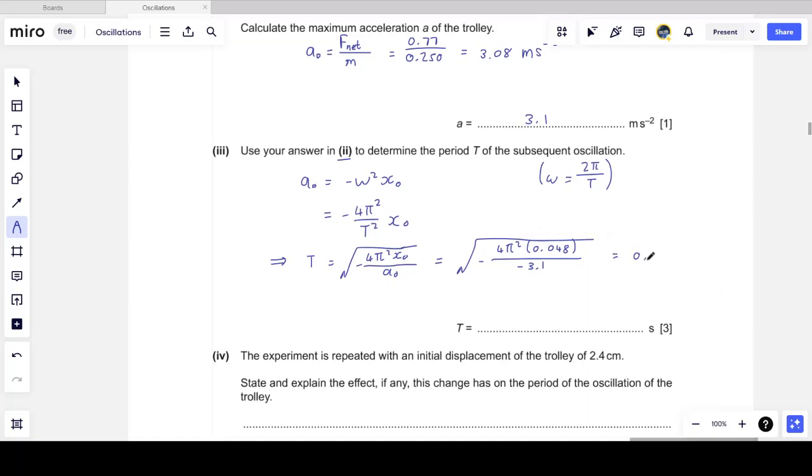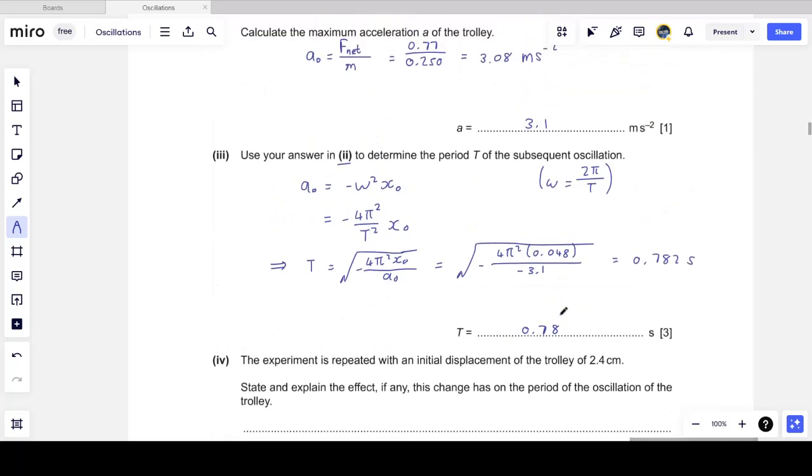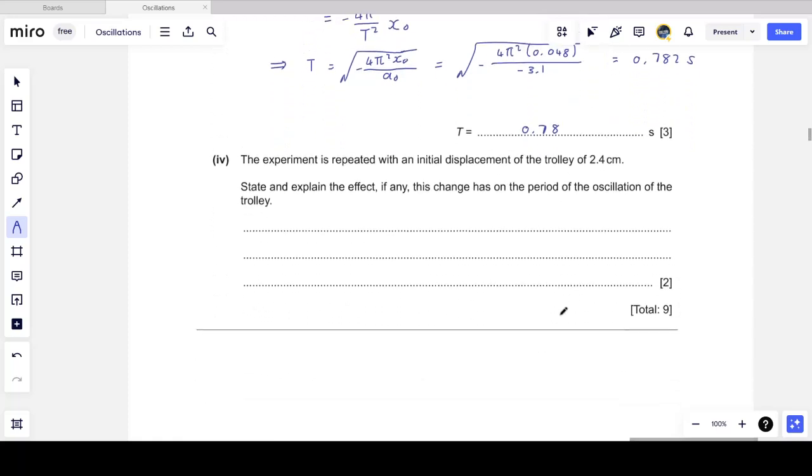And we get this period to be 0.782 seconds. Again, to two significant figures, this is 0.78 seconds, the period of the oscillation. So you always have to remember omega is 2 pi over T, omega is 2 pi f. All of these equations for oscillations are quite important, so quite a lot of mathematics to do here.